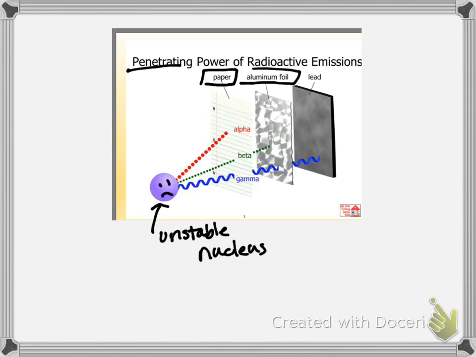Then we have aluminum foil, then we have lead. See the alpha. It's traveling and it stops with the paper. It cannot pass the paper. The beta can pass the paper, but it cannot pass the aluminum foil. The gamma can pass the paper, pass the aluminum, but gets stopped by the lead. Even some gamma can pass the lead because gamma is highly penetrating.